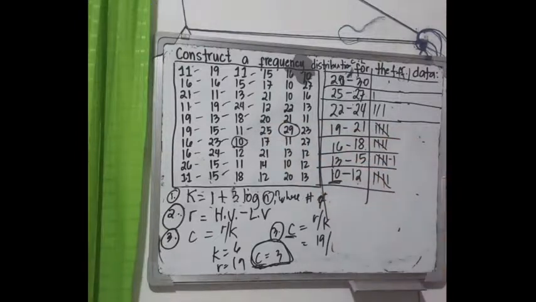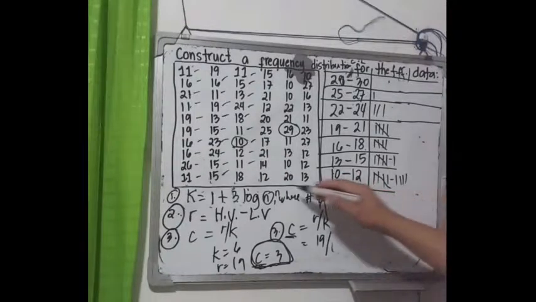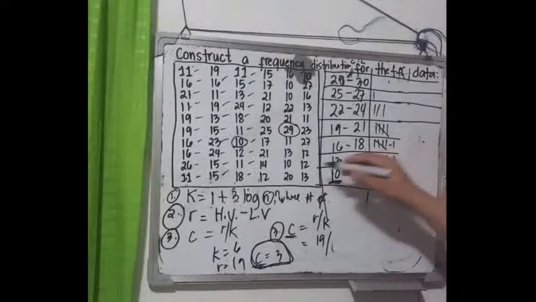Next, 11, this one. 10 here also. This one, 12 here. 11 here also. 18 here.